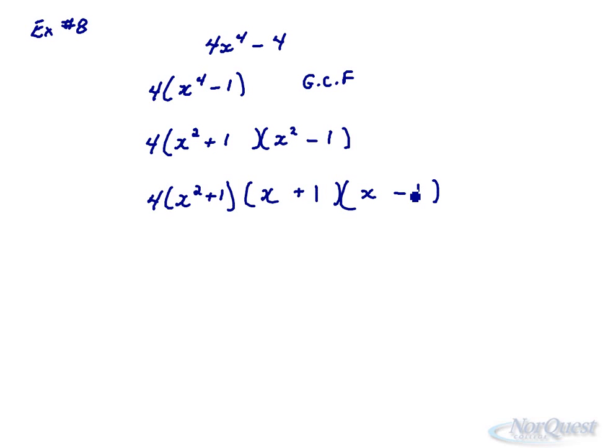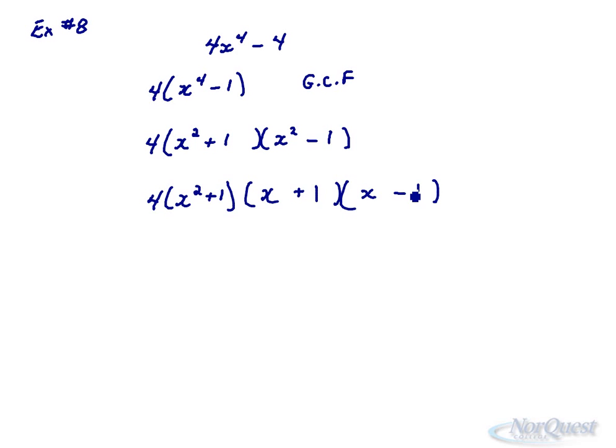So this could have been factored one step further, and this is one step that students always forget. They always forget to keep factoring until you can no longer factor anymore. So the x to the 4th minus 1 could be factored, the x squared minus 1 can be factored, and now I'm down to just single factors with a degree of 1. I can no longer factor them any further.